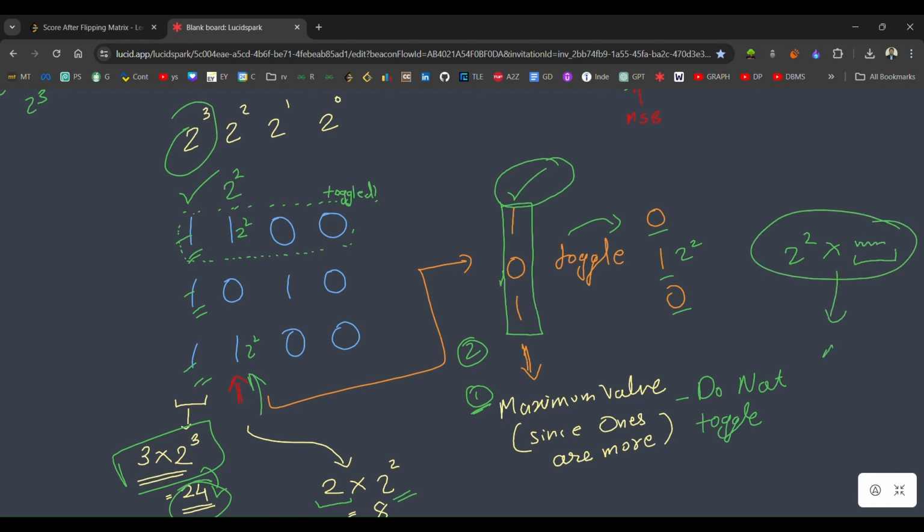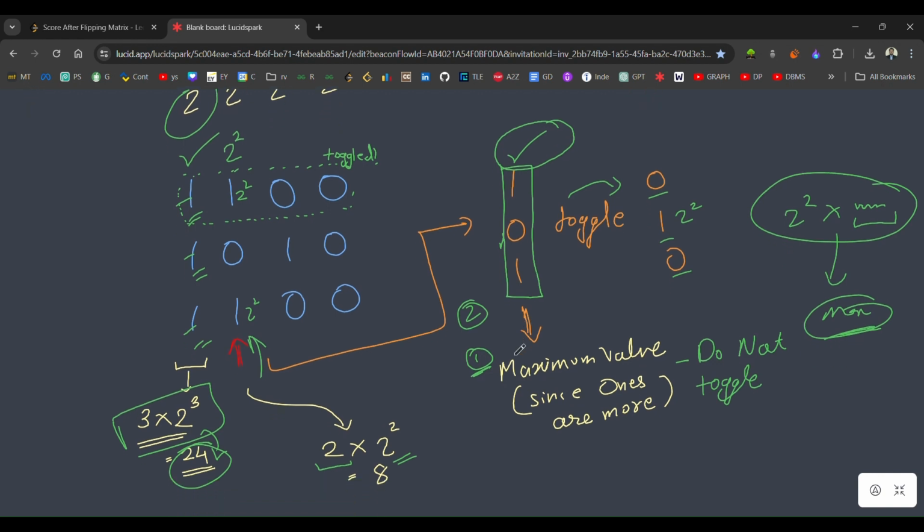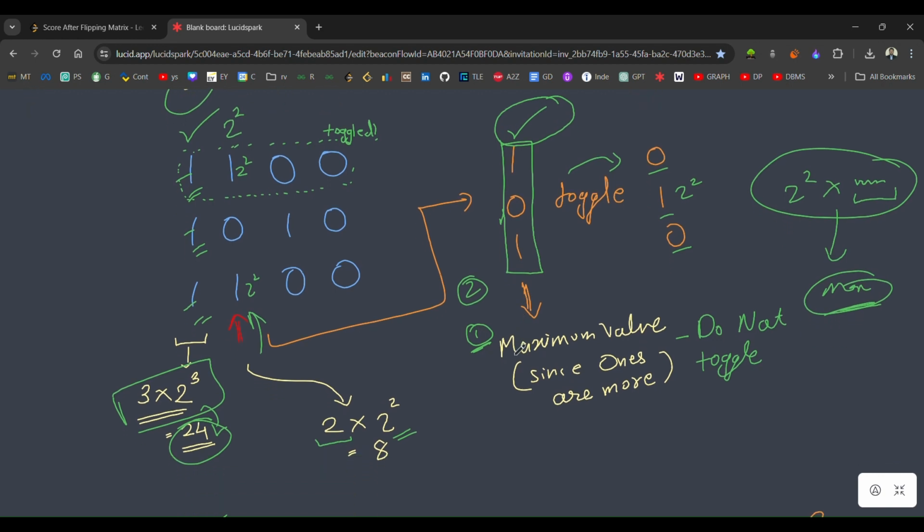So I will get the maximum score, right? So I'm going to just calculate the number of ones and the number of zeros. If the number of ones is greater, don't toggle it. Take this only and then calculate the answer, which is number of ones multiplied by 2 raised to power 2, and it will give 8, right? So this row is giving 24, this row is giving 8.